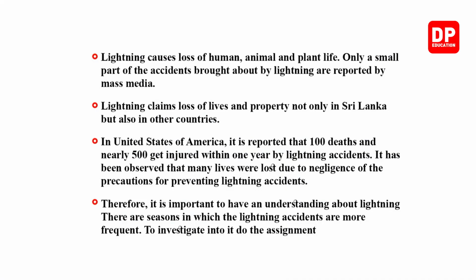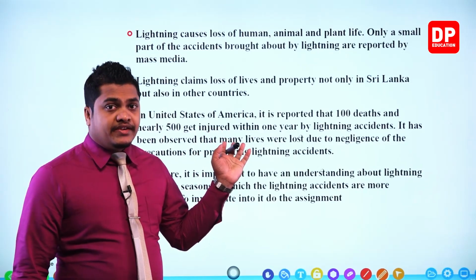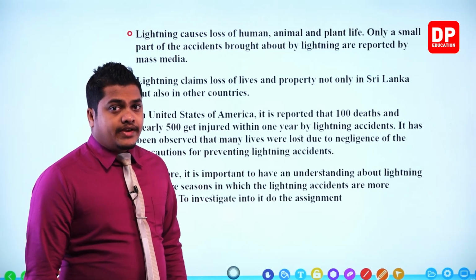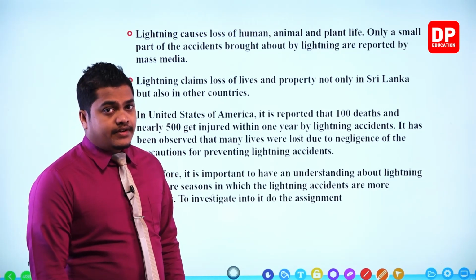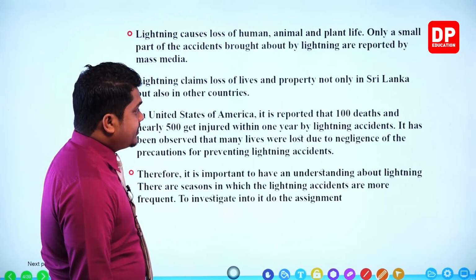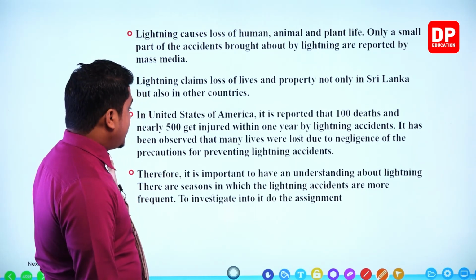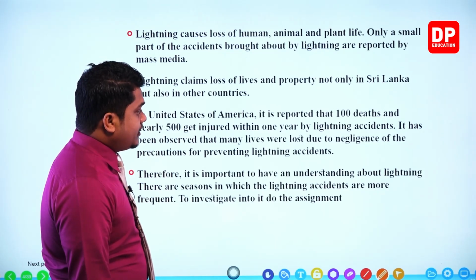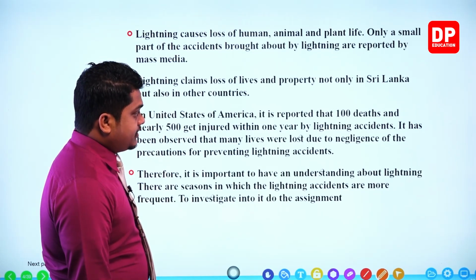In the third point, you are given certain incidents or examples where lightning strikes occur within different countries. In the United States of America, it's reported that 100 deaths and nearly 500 injuries occur within 1 year by lightning accidents.